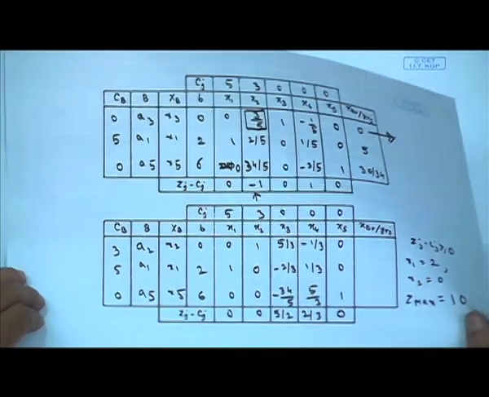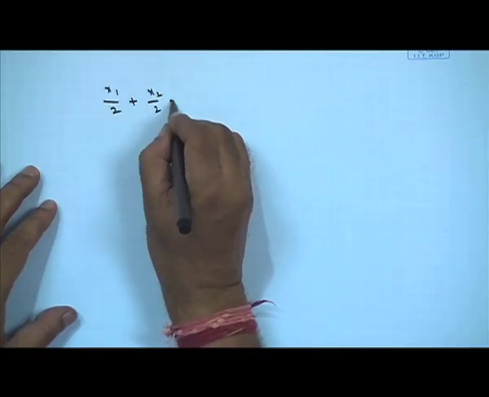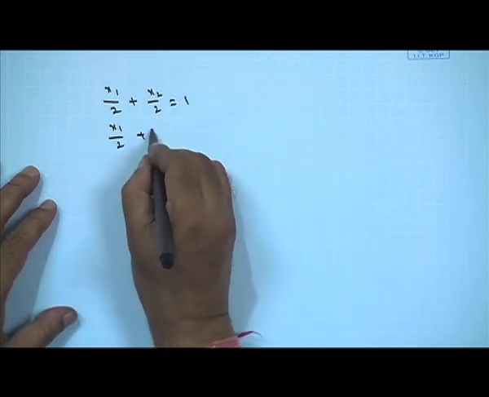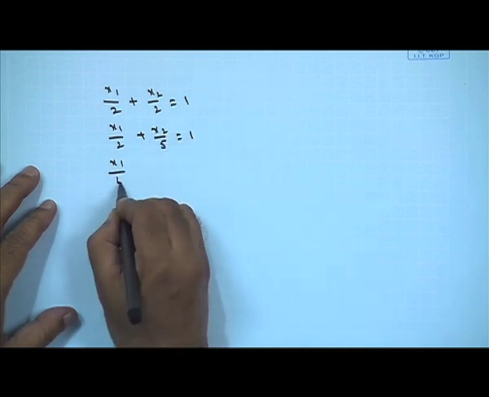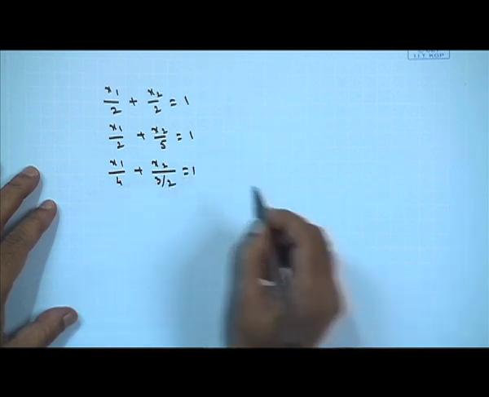Now, quickly let us see one thing, that is, if there is a tie, why we have talked about redundant constraints. From the earlier problem, I can write down the constraints like this: x1 by 2 plus x2 by 5 equals 1, x1 by 4 plus x2 by 3 by 2 equals 1.